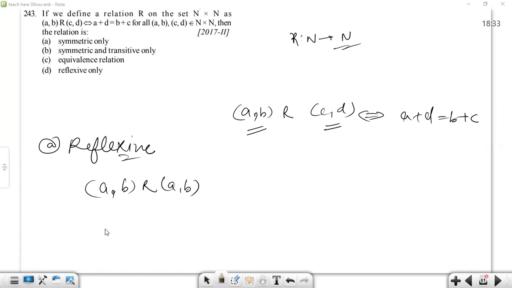So let's put a in place of c and b in place of d. So b is equal to b plus c, where c is a only, because we relate this with (a, b) related to (c, d). So c is a here and d is b here. Is it equal? Yes, it is equal because natural numbers follow the commutative property. So the relation given is reflexive.